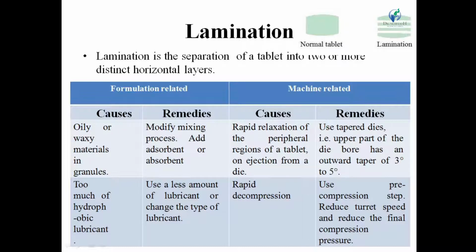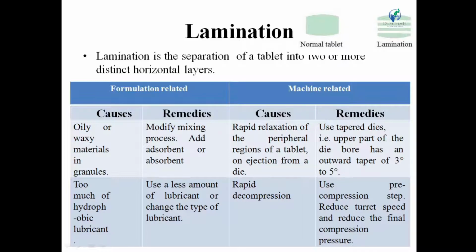So the solution is to modify the mixing process, and add an adsorbent or absorbent to absorb the oily material or extra oily content and prevent lamination. Next is too much hydrophobic lubricant. So the solution is to use a lesser amount of lubricant or change the type of lubricant and prevent the lamination issue.